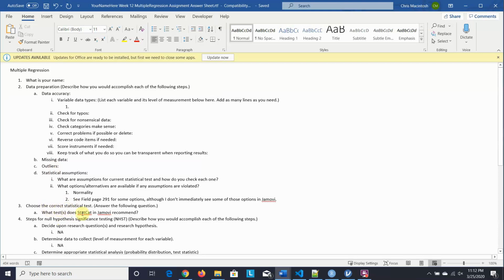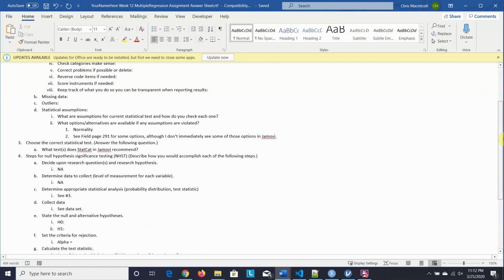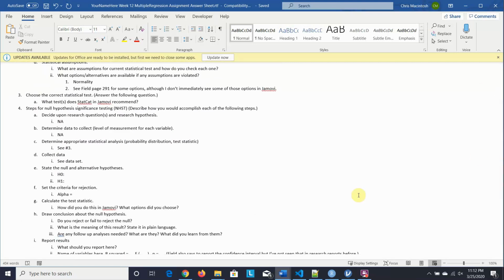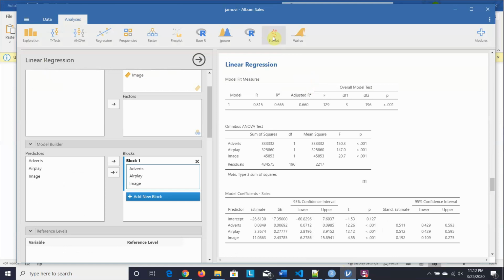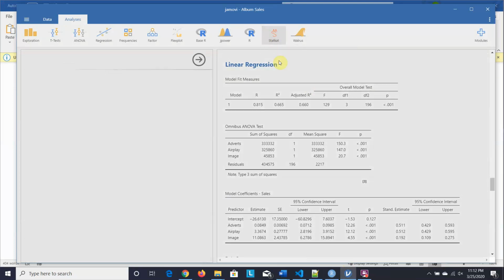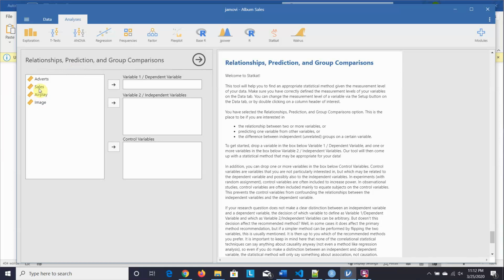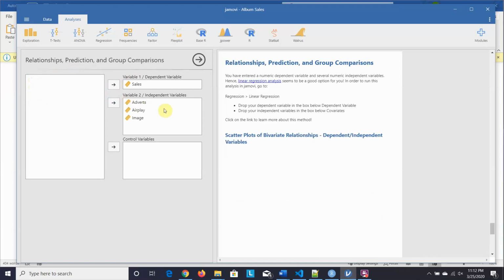We looked at last week choosing the correct statistical test using our variables. We could go take a peek at that in Jamovi. We went into StatCat and relationships, and sales is our dependent variable, and our other three variables went into here.